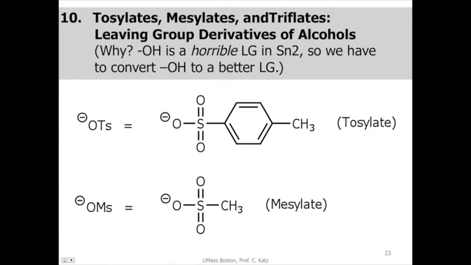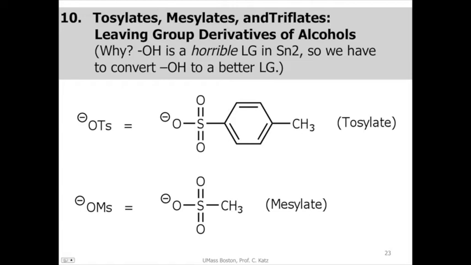This is one of the ways to do it: take your OH and convert it to an OTs or an OMs, and it will be a better leaving group. As the nucleophile comes in and kicks off the tosylate or the mesylate, this O group, which was formerly on the OH, is now on the O-tosyl or O-mesyl and is engaged in resonance.